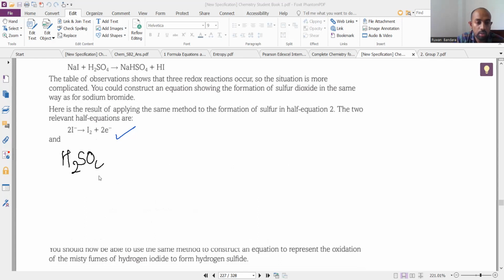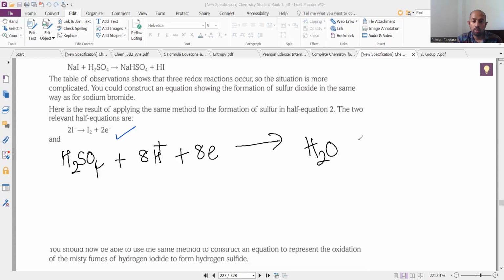H2SO4 plus 8H plus plus 8 electrons gives you H2O plus H2S.